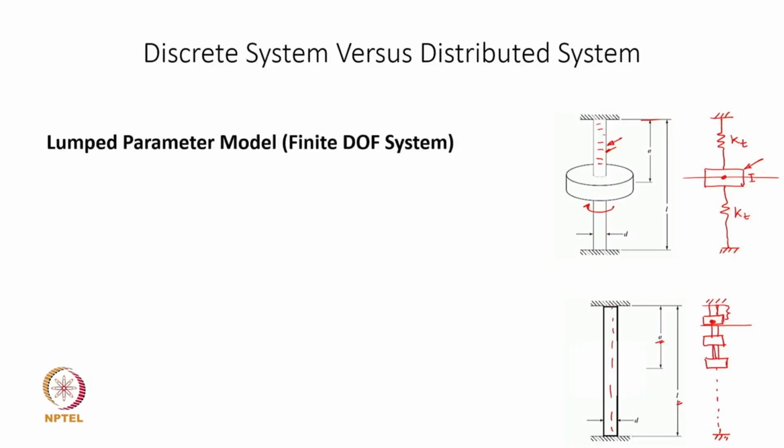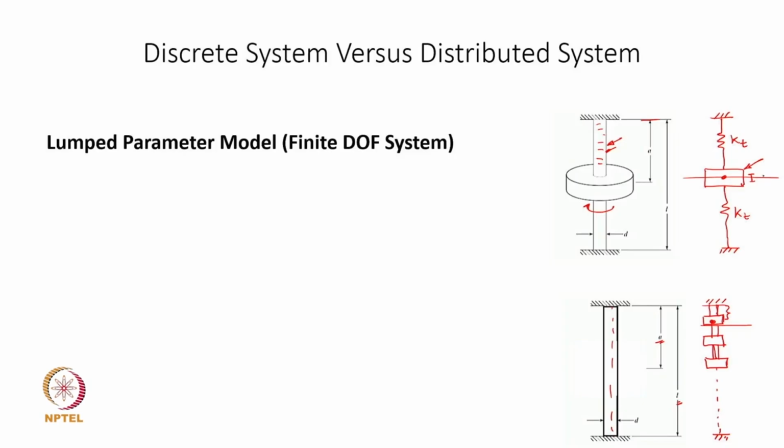This discrete system or modeling approach is also called a lumped parameter model, wherein the properties of the inertia are lumped at some finite number of degrees of freedom, and the degrees of freedom are associated with those lumped elements.